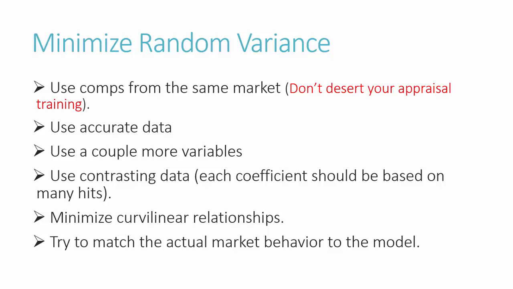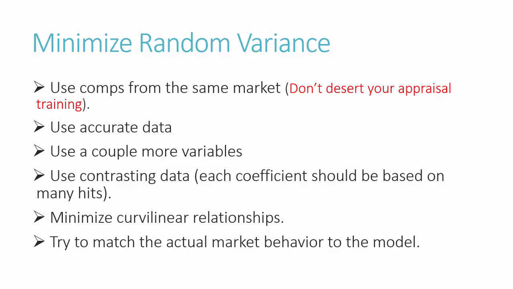So I did write a paper. It's at my website. It was also published in the Appraisal Journal. But you can go to my website and go to Activities and Articles, and you'll find it there under Market Delineation. It's very important that you use comps from the same market. So you need to understand what that is.